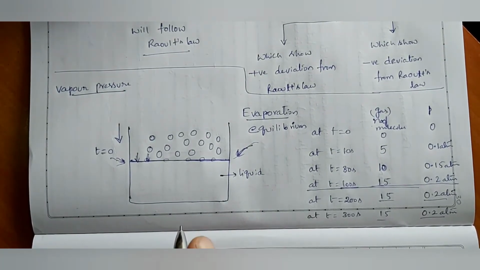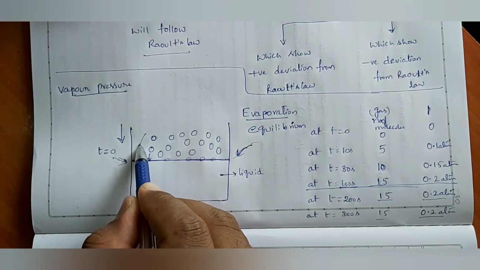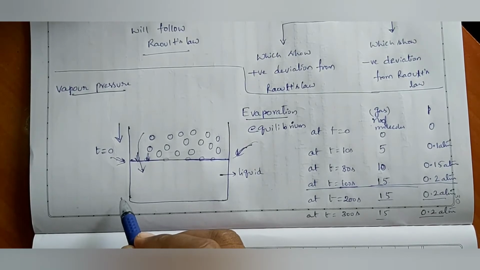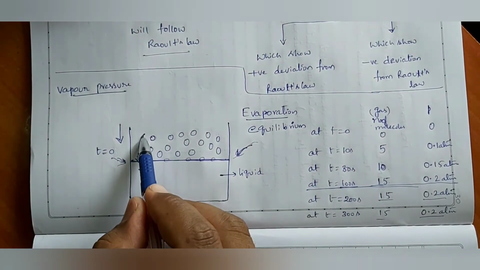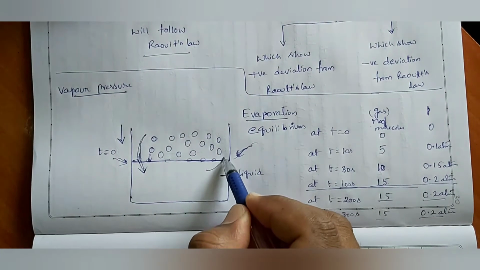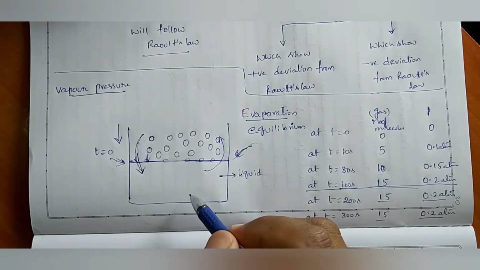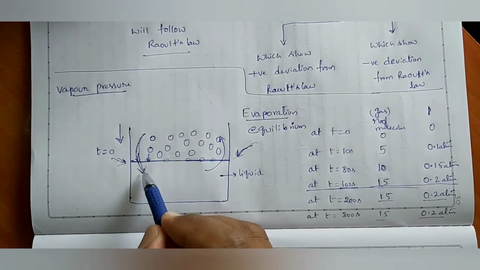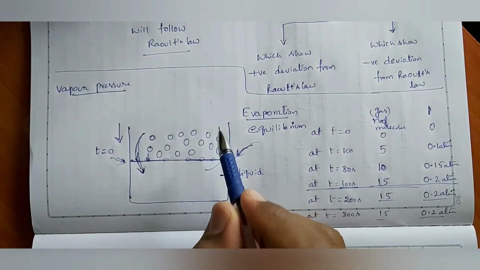At that equilibrium condition, the number of molecules converting from gaseous state to liquid state and the number of molecules converting from liquid state to gaseous state are the same. Both are same.